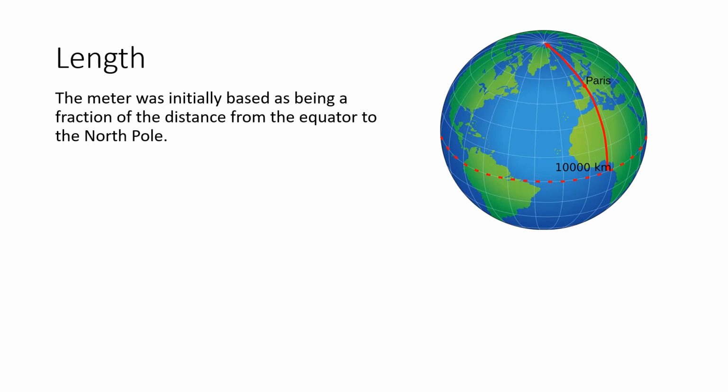For length right here, the meter, actually before we even get to the meter, let's pause on this. You don't have to write this down yet. So before we even get to a meter, why was that even chosen in the first place? We have here in the U.S. we have feet and miles still. These are imperial units.